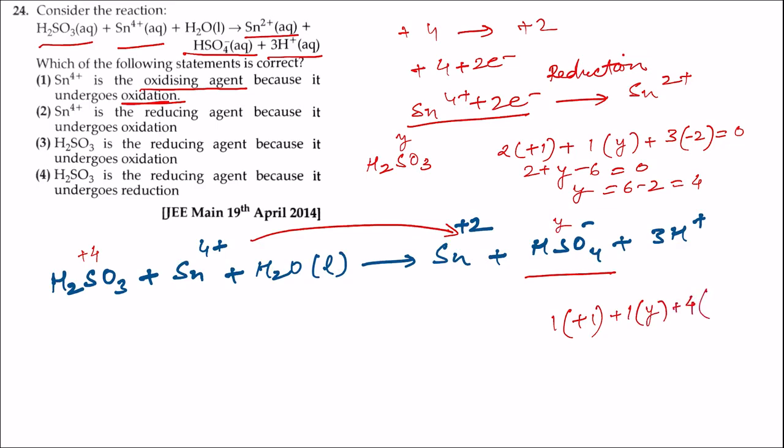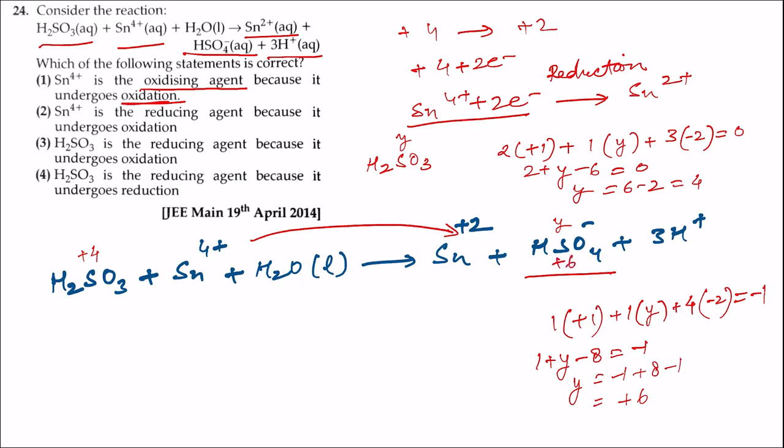So 4 into oxidation state of each oxygen atom is -2. This is equal to total charge on this ion is -1. Solving, this is 1 plus Y minus 8 is equal to -1. So Y is equal to -1 plus 8 minus 1, which is equal to +6. So here the oxidation state of sulfur in HSO4 minus is +6.